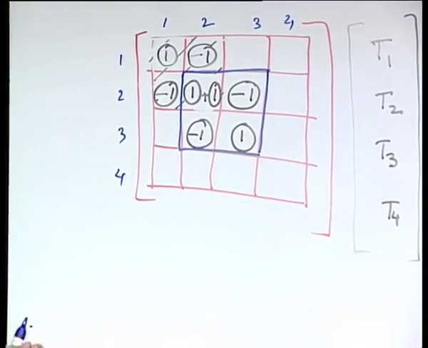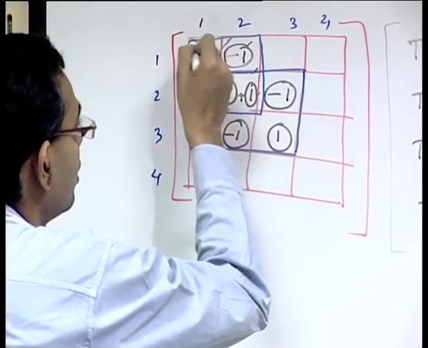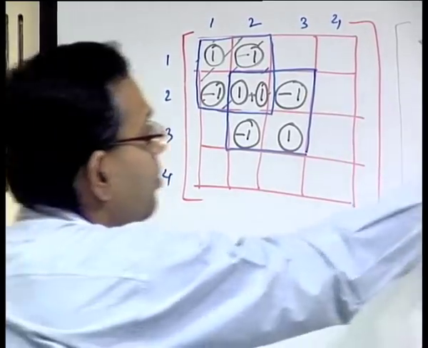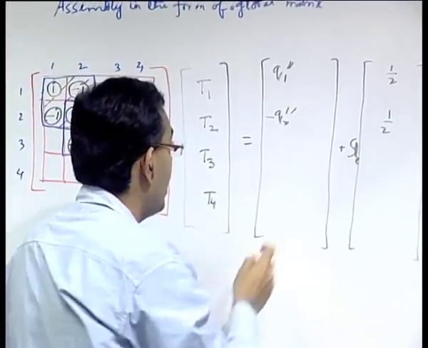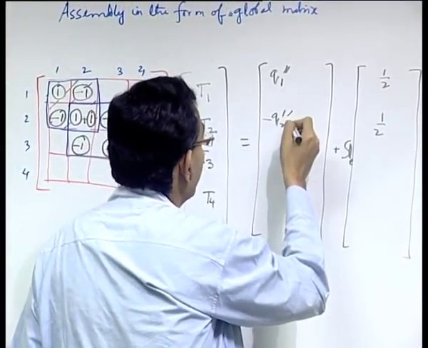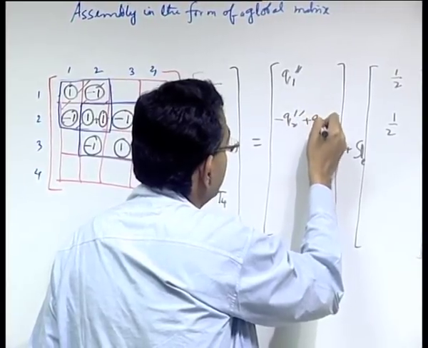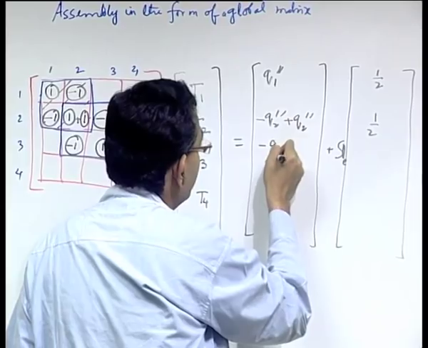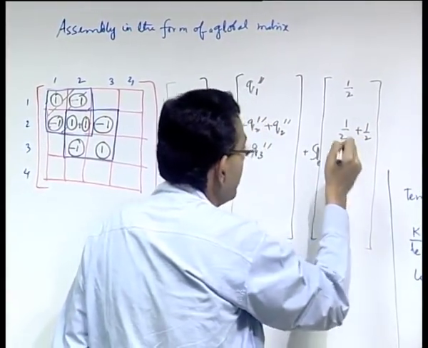Similarly, remember for the first case it was like this, for the second case it is this one. Okay, let us complete the right hand side. So for the right hand side you have this as, here you have plus q2 double prime, you have minus q3 double prime, here you have plus half and here you have half.